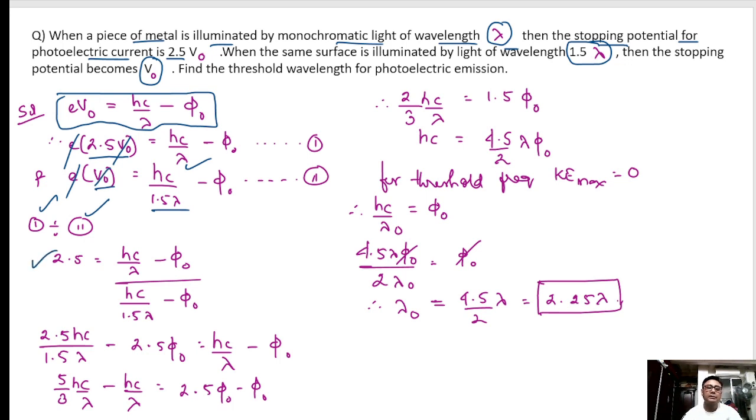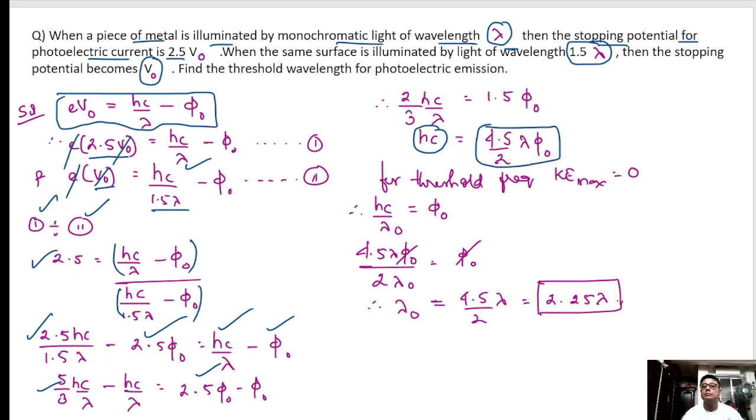This is the numerator, this is the denominator. So we multiply this whole thing by 2.5, hc by lambda minus phi naught. So what we got? hc by lambda. So we got hc equal to this value.